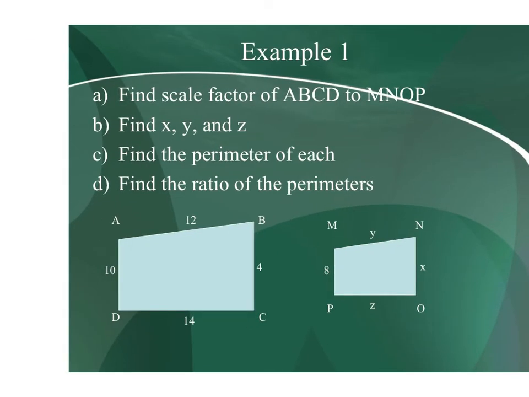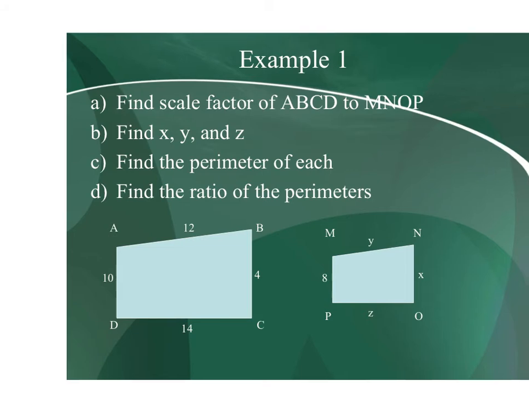So what they're telling us here, when they're asking us to find the scale factor of ABCD to MNOP, they're telling us that these are similar. So now what I'm going to do is match my sides. I can go through and use my statement up here.